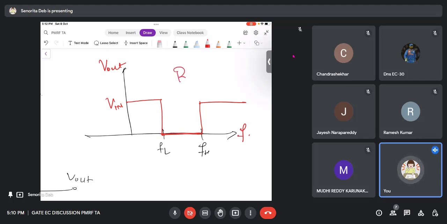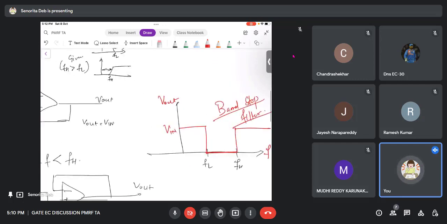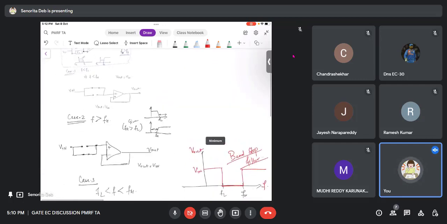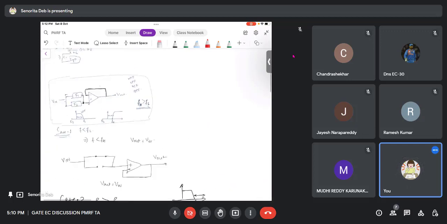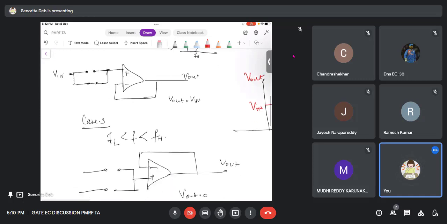This was a band stop filter. This question was asked in GATE. I think it was asked for electrical students, but this is also one of the ways you can merge different domains together and ask questions. Is this clear?